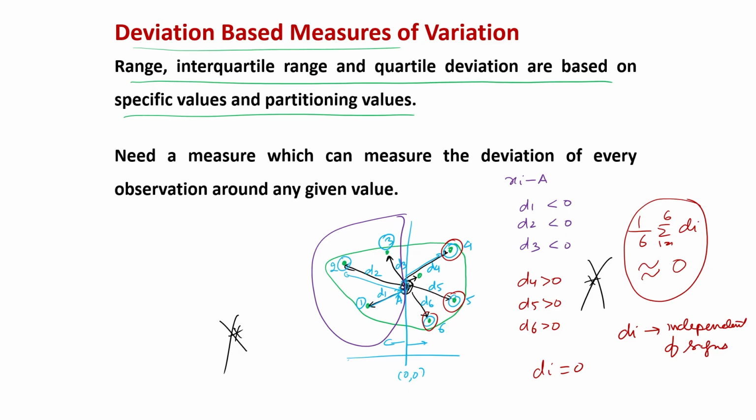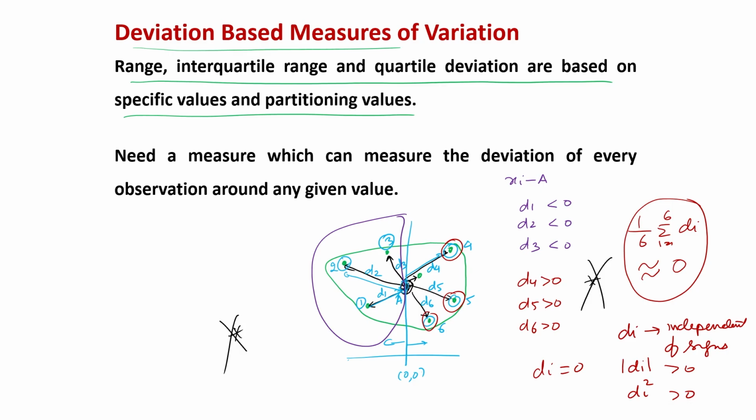I have two options. I can consider the absolute value of di's, or I can consider the squared value of di's. Taking the absolute value or squaring them will make all the values greater than 0, positive, and based on that we can think about how to develop a proper measure.